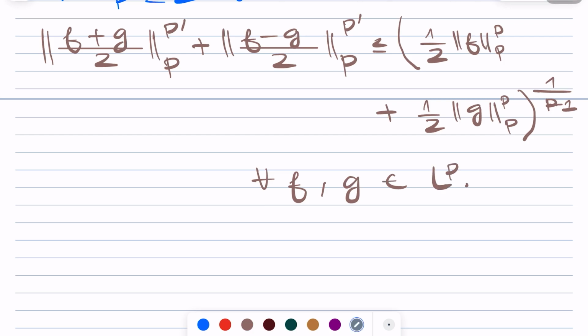This inequality is a bit trickier to prove than Clarkson's first inequality.